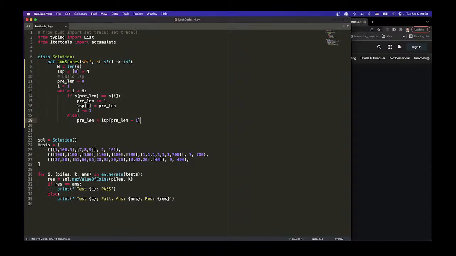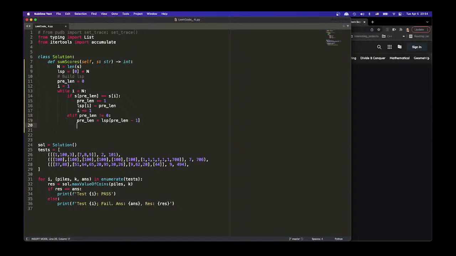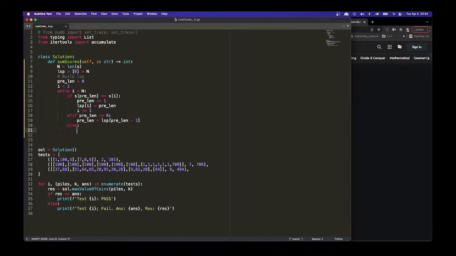until, right, we say if pre-length is not equal to 0, then we basically just update the pre-length, and then we try it again. Else, if the pre-length is equal to 0, that means we don't have any pre-length anymore.